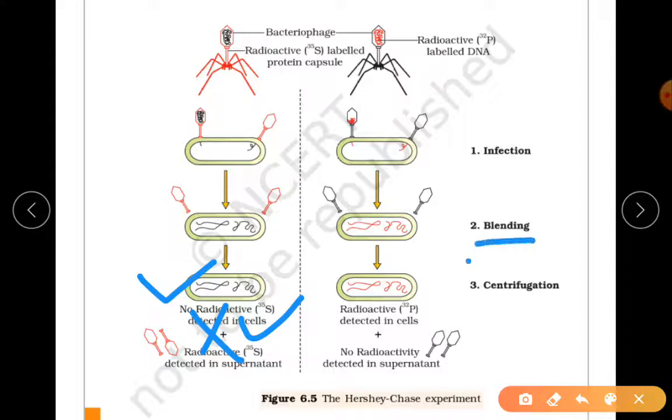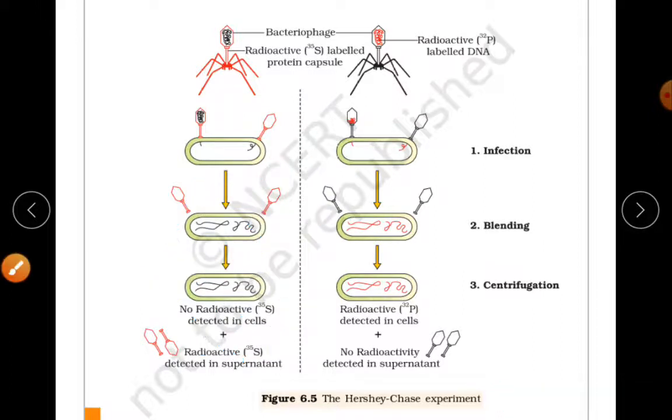So we blend. We start churning, like your mortar and pestle. You remember for chromatography you did the grinding method. A similar blending method is used to separate the bacteria from the protein coat of the virus.